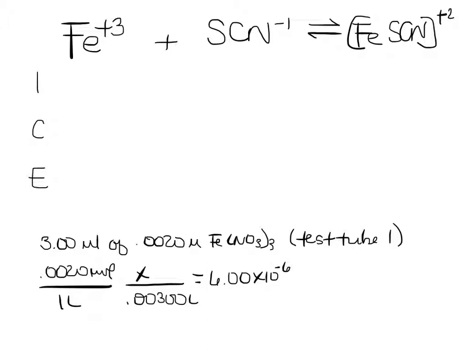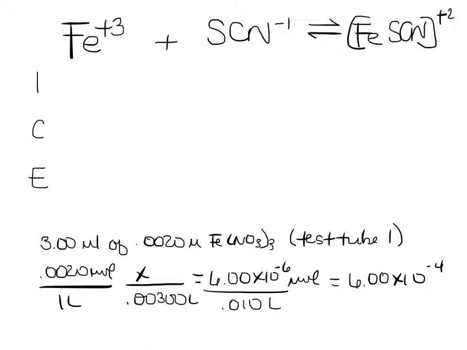And then if you look at the total volume in the test tube, because you added the 3 mL of iron nitrate, you added 2 mL of potassium thiocyanate, and then you had 5 mL of water. So that totals 10 milliliters. So if this is my number of moles, and I had 10 milliliters, I would divide that by 0.010 to get the initial concentration of 6.0 times 10 to the negative 4th.